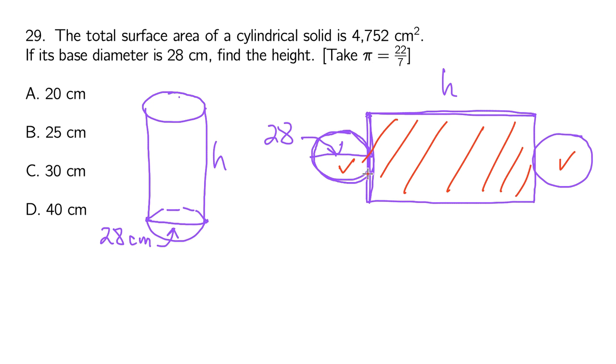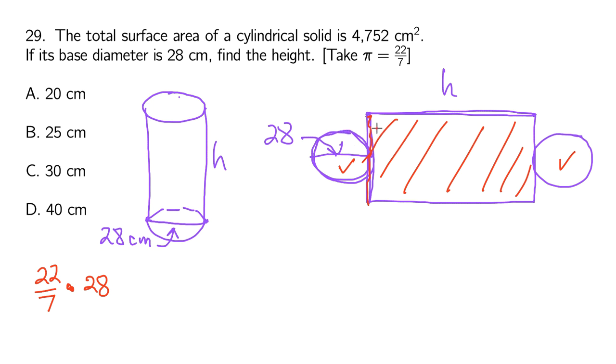So let's write the expression for the total surface area and see what we get. Let's start first by finding the circumference of the circle so that we can get this length. Now the circumference of the circle is pi d, or 2 pi r. So using pi d, we have 22 over 7 times 28, which is the diameter.